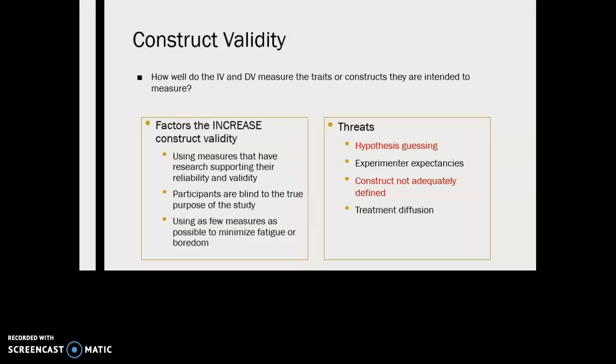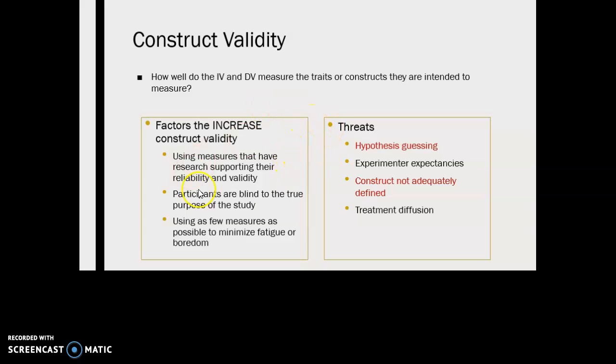All right, the last is construct validity, and I'm not going to talk about this in too much detail. But suffice to say that this gets at the degree to which our independent and dependent measures actually measure the traits or constructs they're intended to measure. And we've talked about internal reliability, construct validity, judgment, and empirical validity, things like that.